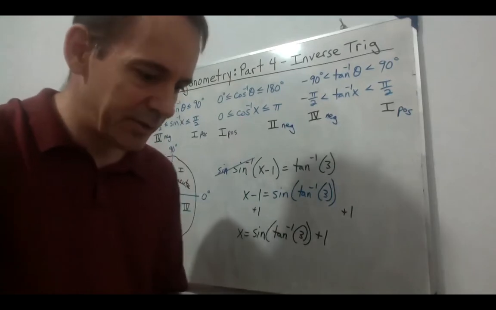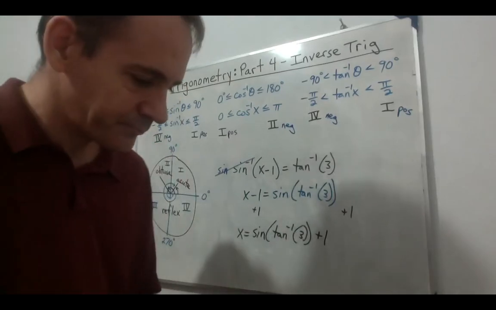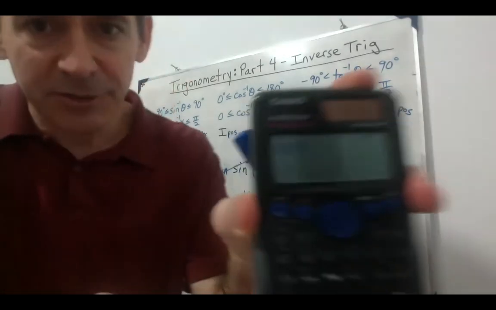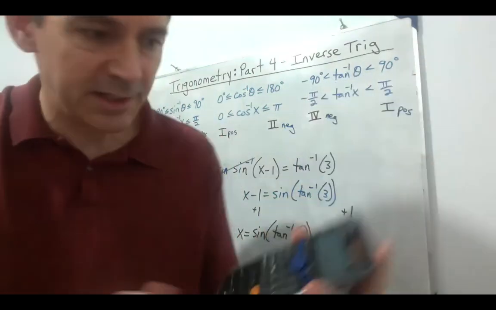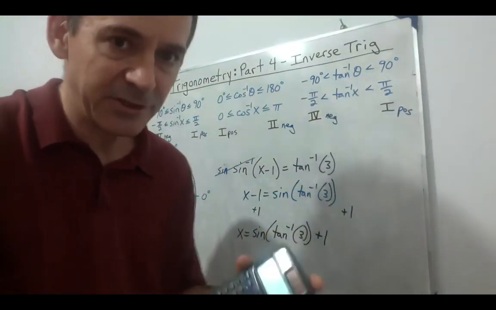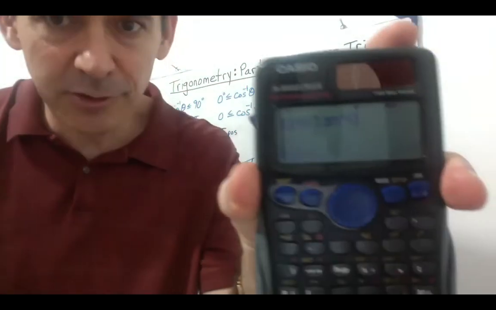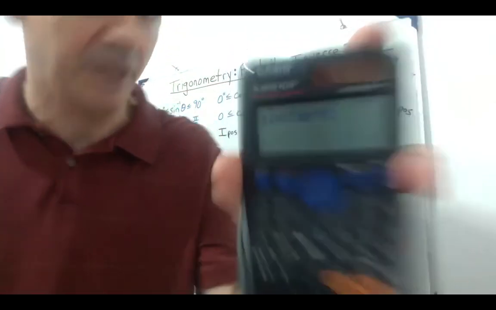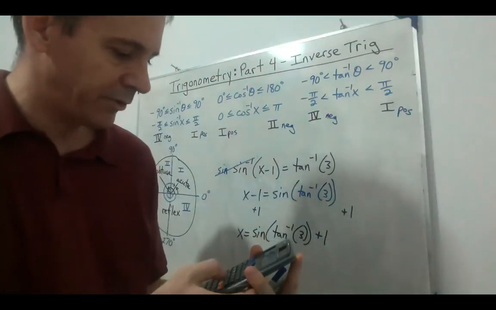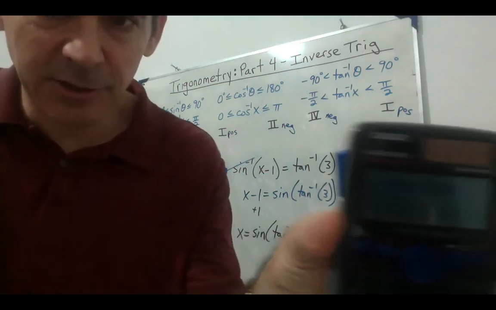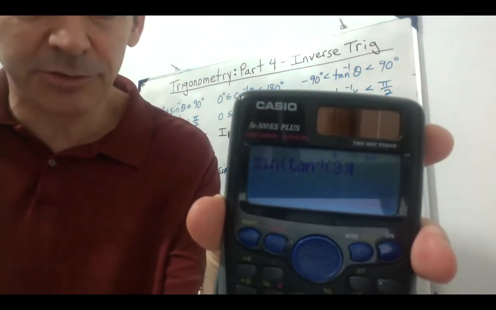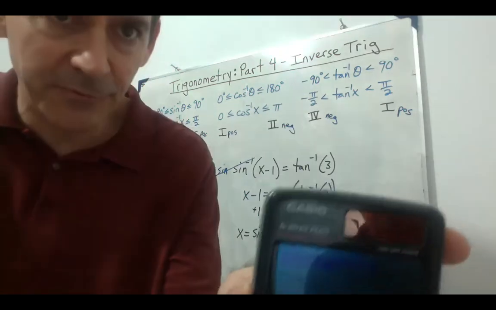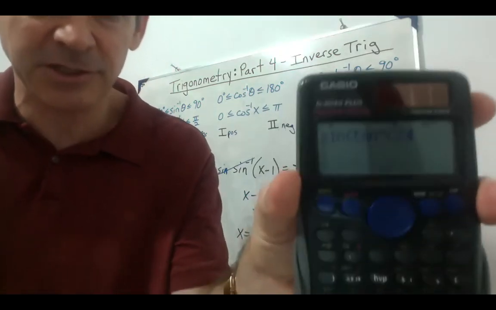You can just do it directly on your calculator. So you hit sine. Notice it gives you a parenthesis. Then you hit your inverse tangent. So it also shows you the inverse tangent with another parenthesis where you put your 3. Don't forget to close the parenthesis on your 3. That's the argument for the inverse tangent function.